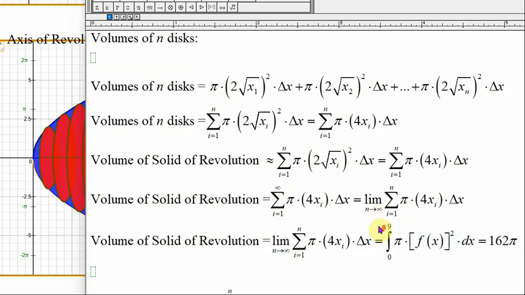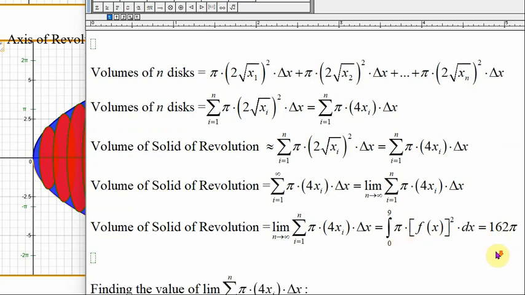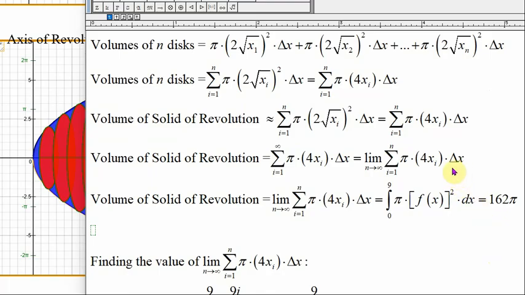And as I mentioned earlier, when this limit exists, we define it as this definite integral right here. In the previous video, I showed that the value of this definite integral is 162 pi. But in this video, let's find the value of this limit quantity right here without using the definite integral.